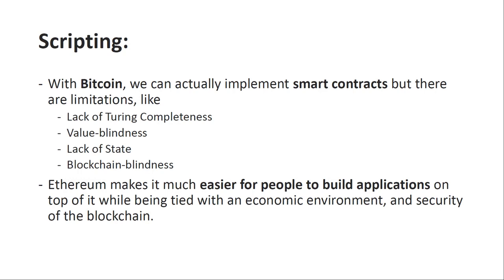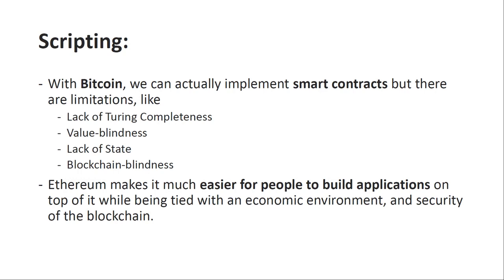But there are limitations, like lack of Turing completeness, namely missing loops and inefficient space, and the same problem is value blindness, again lack of state, and blockchain blindness.